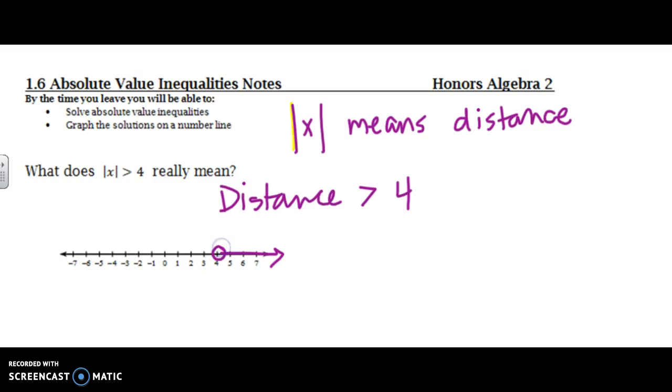But what we're not talking about is the 4 itself. Likewise, since we're doing absolute value and we're counting steps, if I start at -4 and I go towards the negative infinity side of things, any of those numbers also have a distance from 0 that is bigger than 4. So this is what the graph of absolute value greater than 4 would look like.